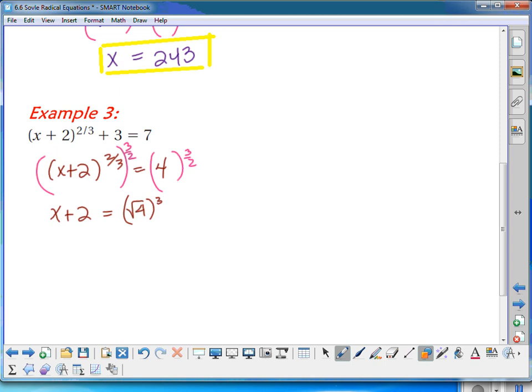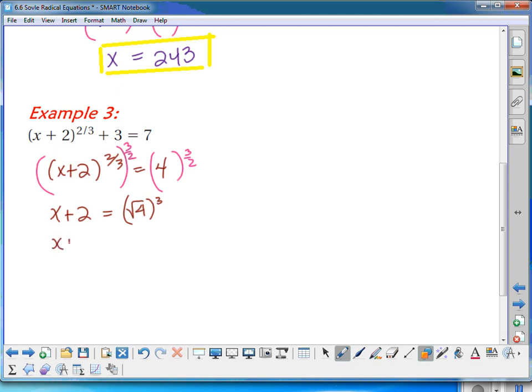All right. So when I take the square root of 4, I could have a positive square root or a negative square root, because 2 times 2 is 4, but negative 2 times negative 2 is also 4. So when you end up taking an even root, you have to remember that it could be a positive or a negative.